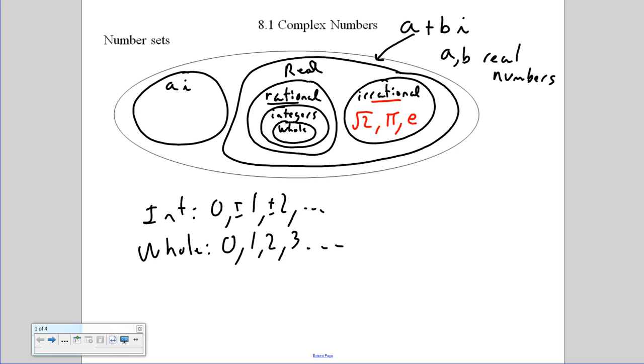And then you could even go further and call it counting numbers, which would be 1, 2, 3, 4, but you don't have to worry about that.